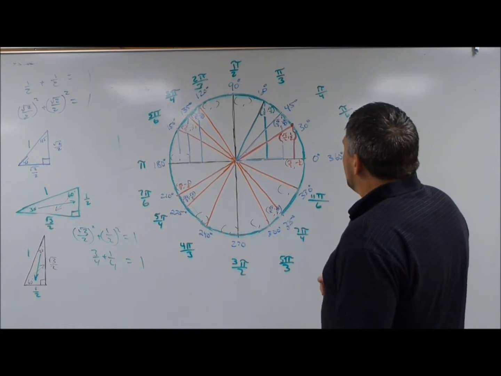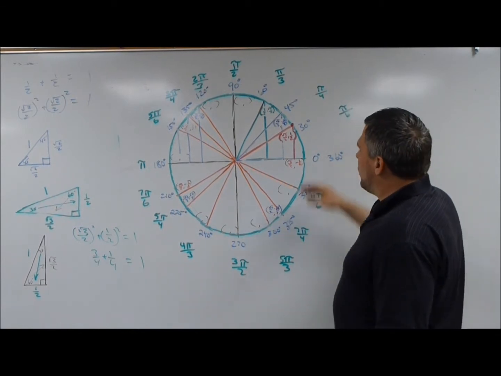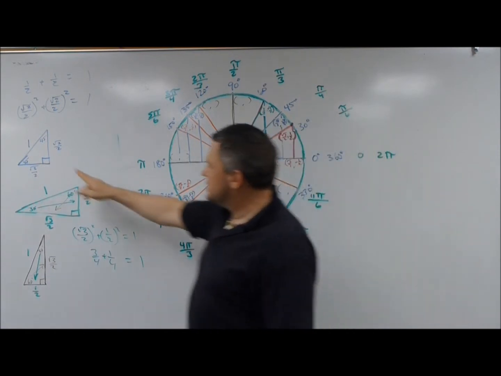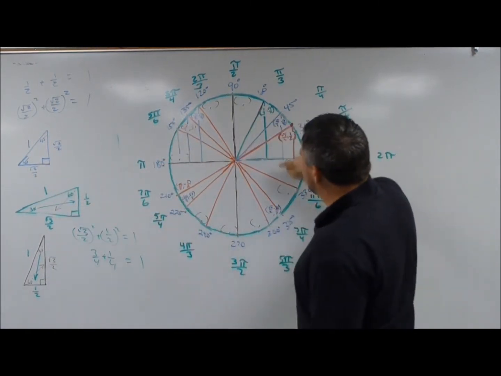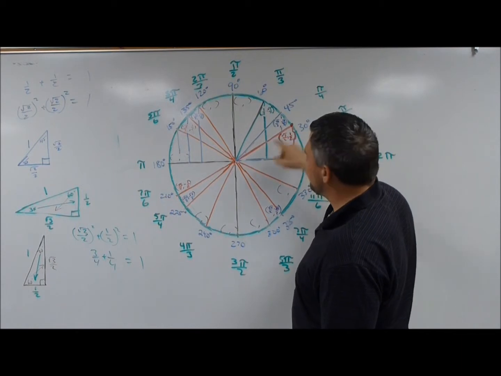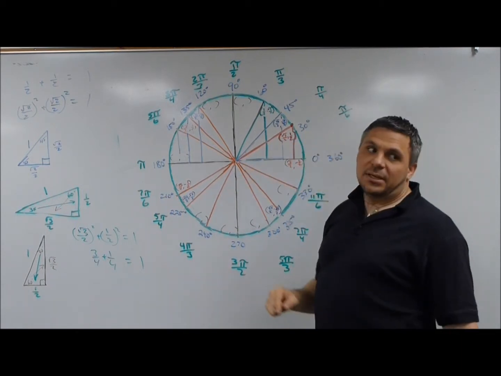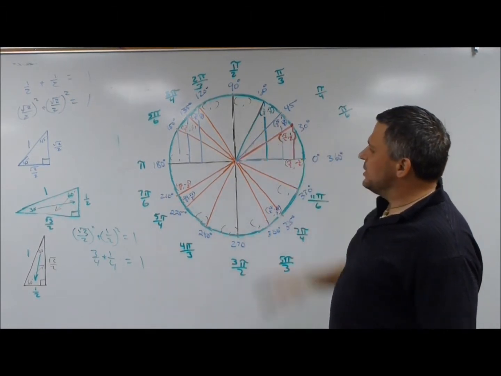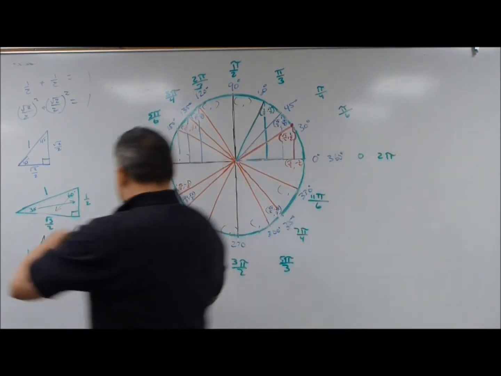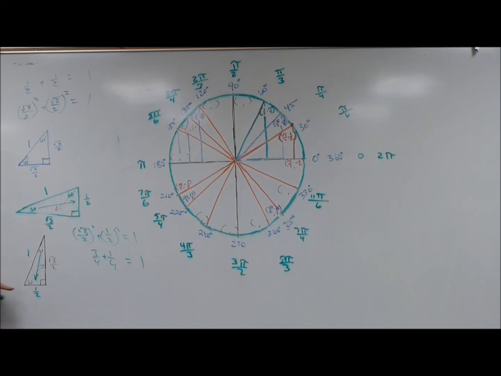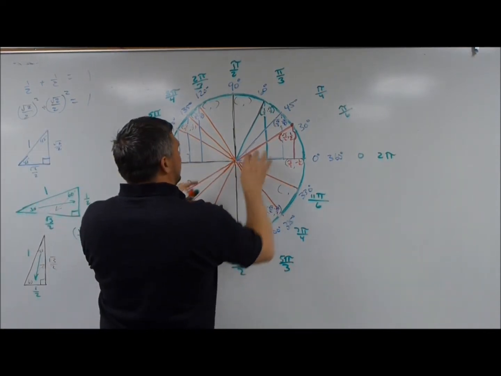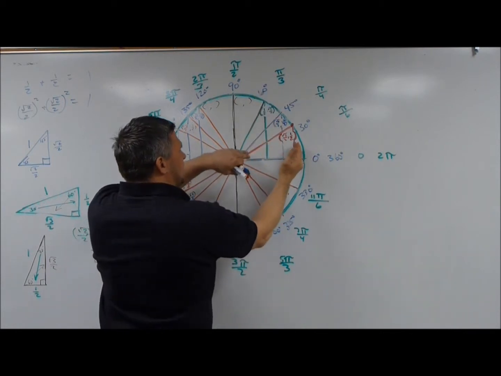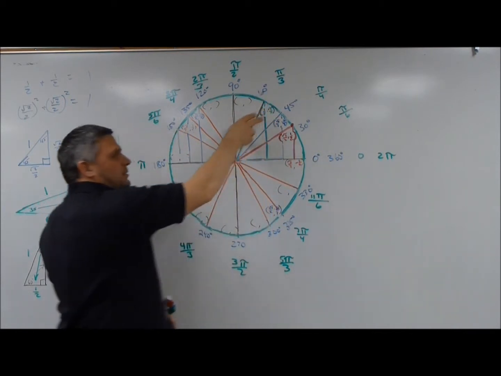Then we look at the 45-45, and the length and the width are the same. So the height is going to be square root of 2 over 2, and the length is going to be square root of 2 over 2. But when we look at this one, that takes us back to the 30, 60 triangle, because we took this one and flipped it around on end.